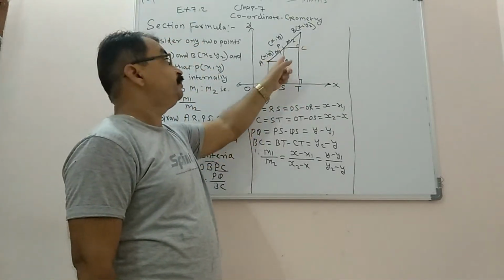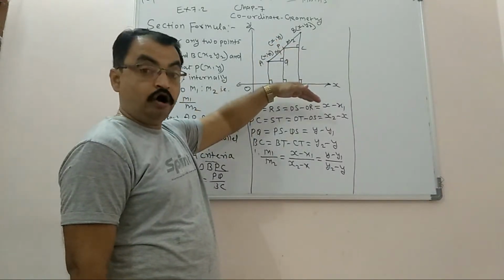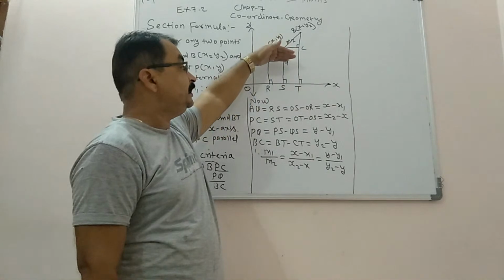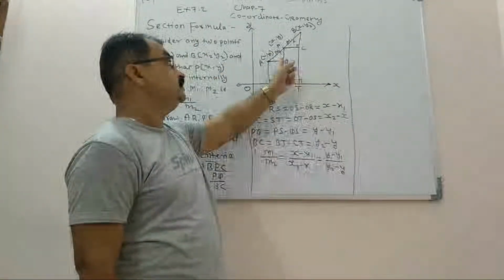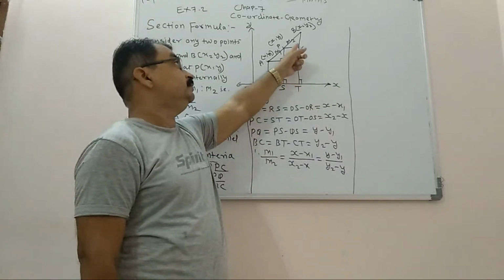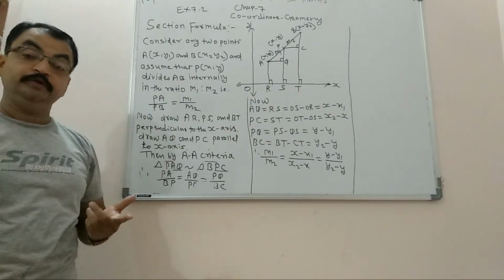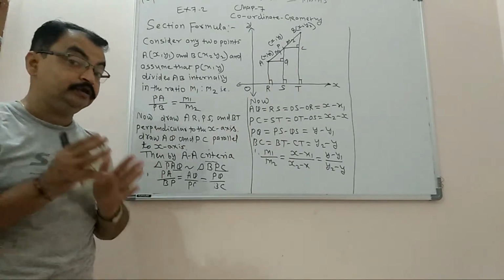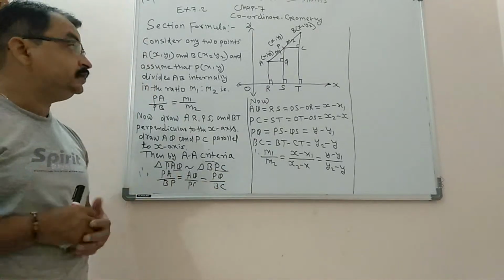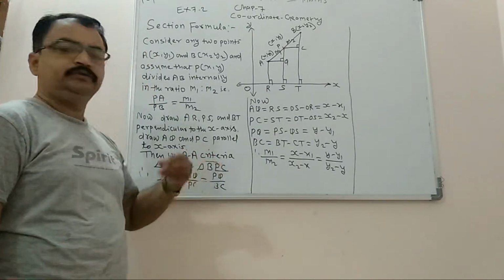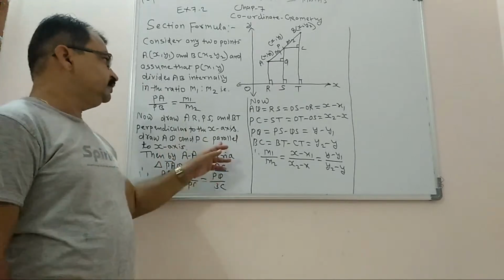So when you draw the perpendicular line, it will automatically be parallel to the x-axis, or when you draw AQ parallel to x-axis and PC parallel to x-axis, then by the corresponding angle it will be perpendicular. Automatically it will be, because the distance between two parallel lines is equal. So you will get a 90-degree angle. So any wording you can use over here. Okay, children, so this much is clear.